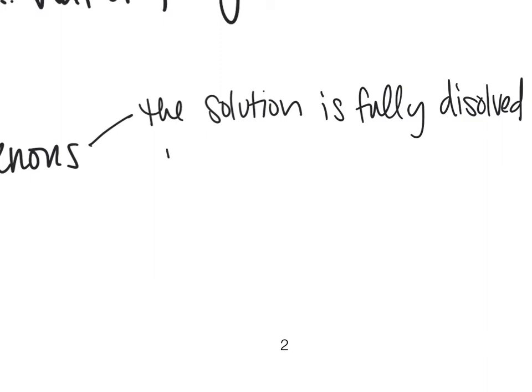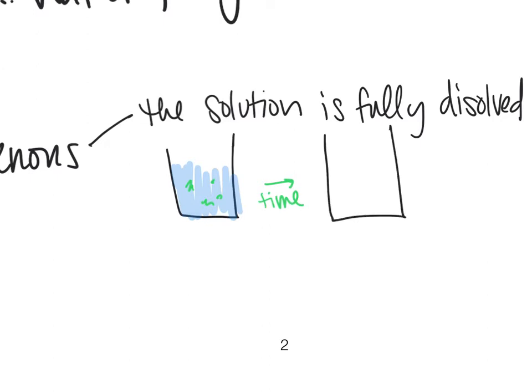When you have your beaker, in this case filled with water, you add your components. We will add something green, a solid. Eventually, over time, you should end up with a new beaker with water in it, where your substance cannot be separated.